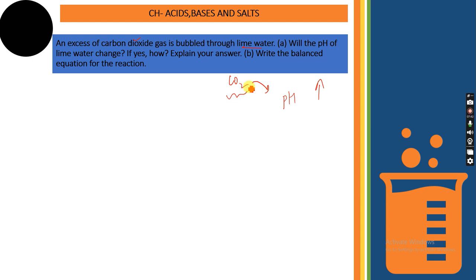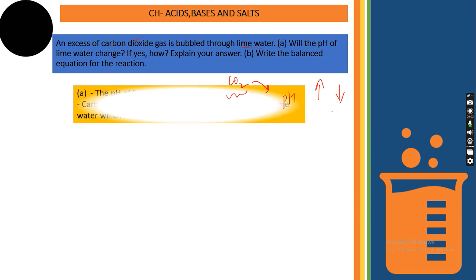Carbon dioxide, so slowly what will happen? The basic nature of the lime water solution will be changed, that means it will start decreasing. तो ये जितना बेसिक था अभी कम होता जाएगा, that means the pH will move towards acidic side, that means pH will start decreasing.